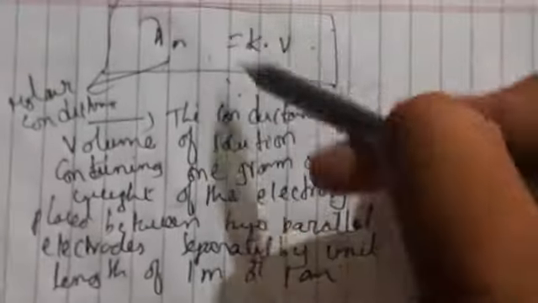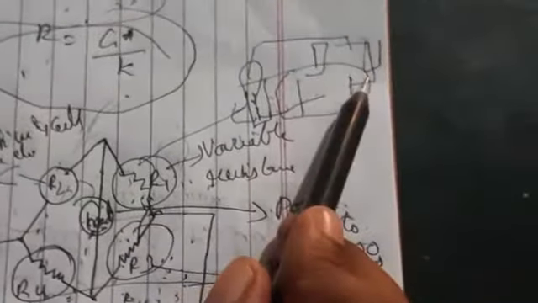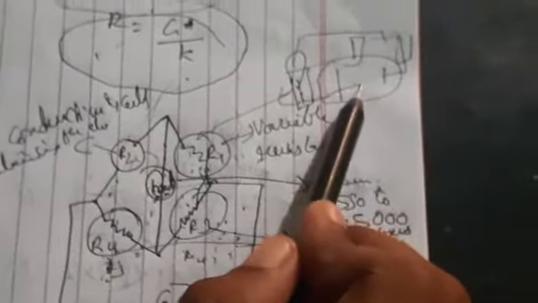Or, if you have taken this one, these two platinum electrodes, if you have observed the definition clearly, the conductance of volume of the solution. Volume of the solution means length of 1 m and area of cross section equal to the conductivity of the solution, only for 1 gram molecular weight of the same electrolyte.